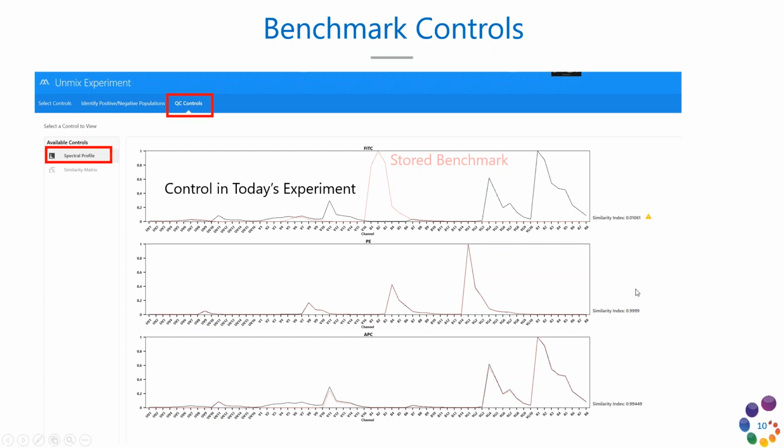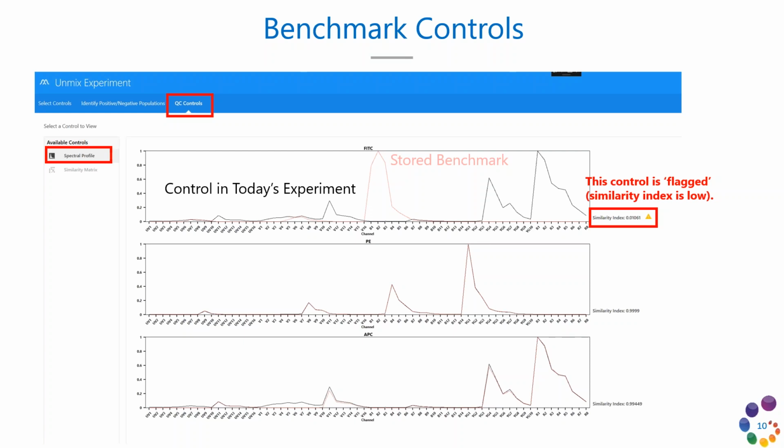And the software then automatically compares that control to the stored benchmark. And if it doesn't match well, like this FITC control here, it will flag it based on this Similarity Index that we've created. Now the Similarity Index will range anywhere from 0 to 1. If it's close to 1, that means there's a really good match between the control you ran today and the stored benchmark in the system.